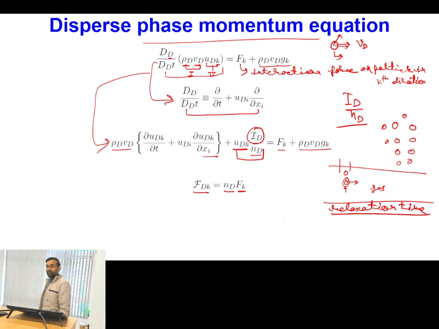Why is understanding relaxation time important? Because relaxation time gives us an idea of how fast the particle will adjust to the surrounding flow field. If a particle adjusts immediately, then if there are any fluctuations in the surrounding flow field, the particle will also quickly change its dynamics.